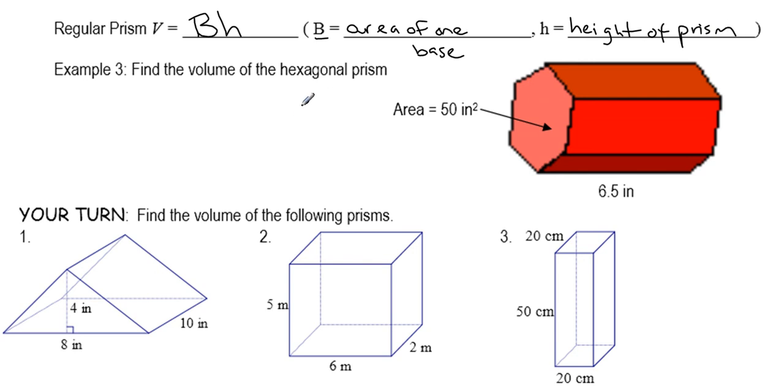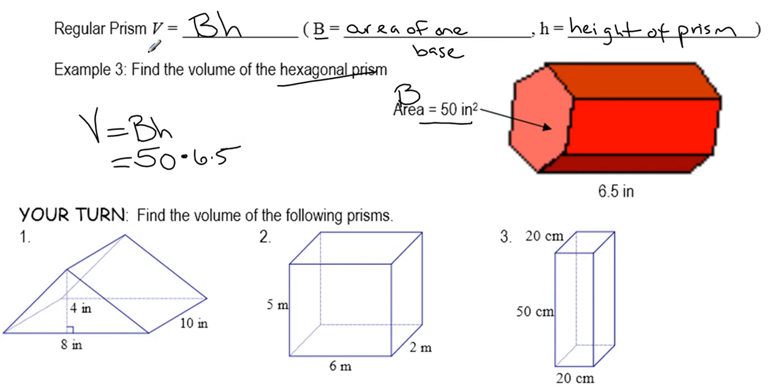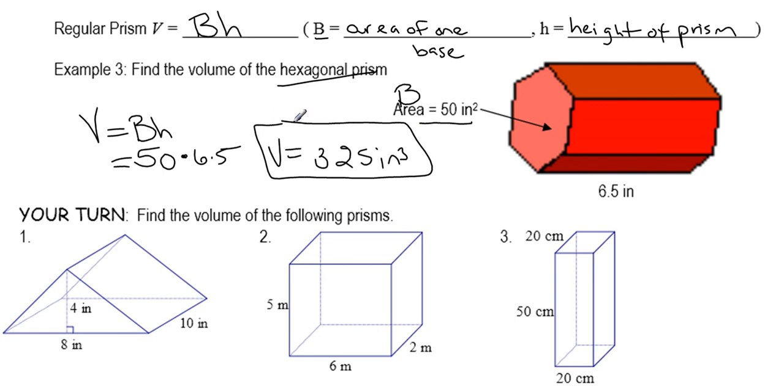Just like we identified the height of the prism when we were talking about surface area. So the volume of this hexagonal prism, well, they already gave us the area of the base. This represents big B. So the volume is big B times the height. Our big B, the area, is 50, and the height is 6.5. So for our volume, we get a total of 325, and this is inches cubed.